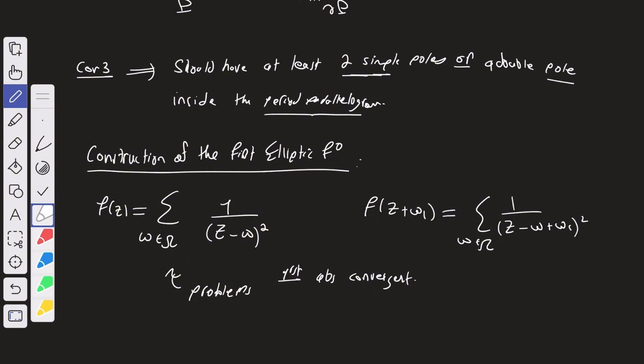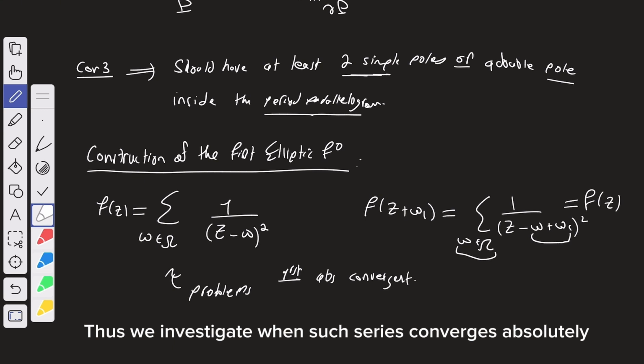We're going to need to use the argument that as omega runs over all the lattice, omega minus omega 1 is going to run over all the lattice. However, these are two ways of summing this series, and since we need the sum to be independent of the rearrangement of the sum, we need some sort of absolute convergence of the series, which we don't have here.